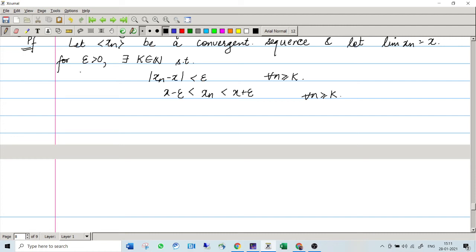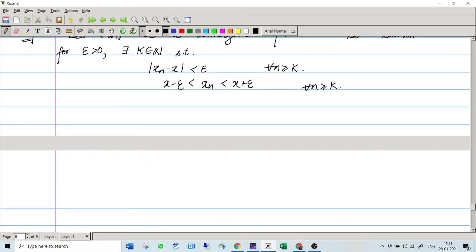So for epsilon equal to 1, which is positive, there exists k in the natural numbers such that the modulus of xn minus x is less than 1 for every n greater than or equal to that k.